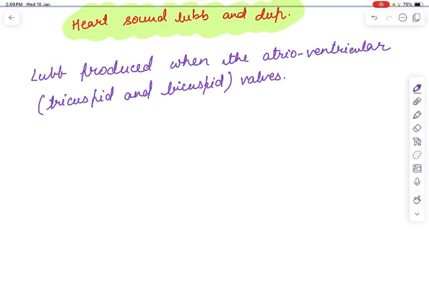When the ventricles contract, the valves shut, and their sound is lub. The lub sound will be produced.